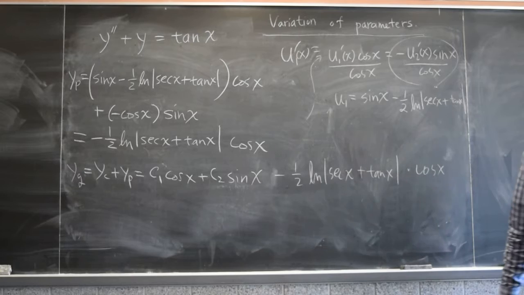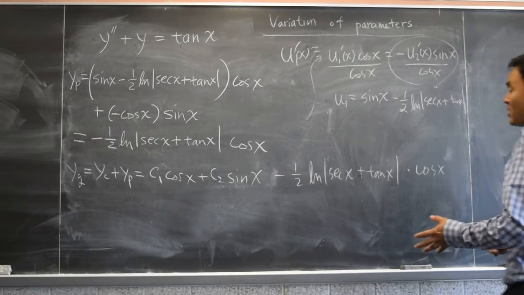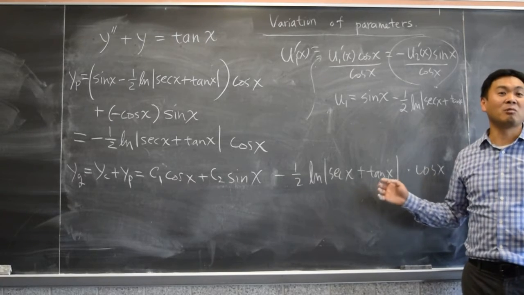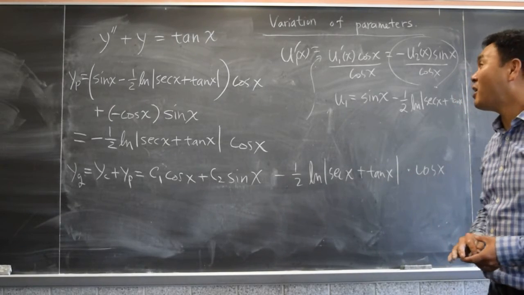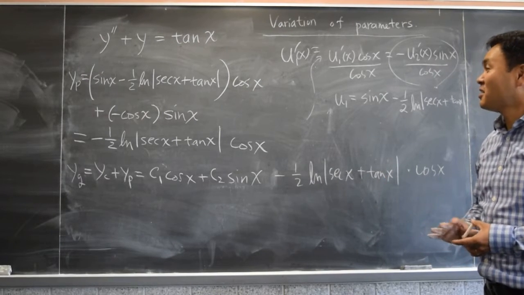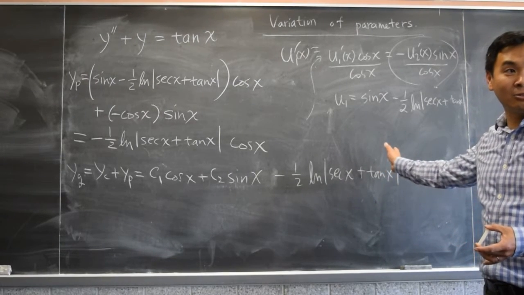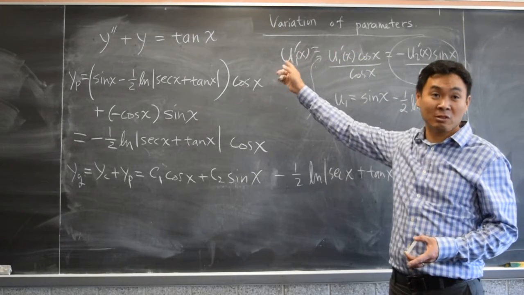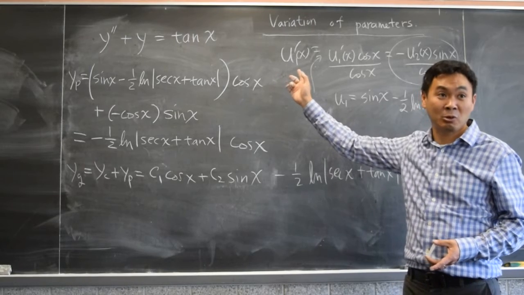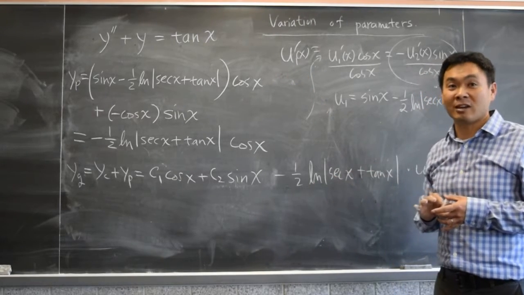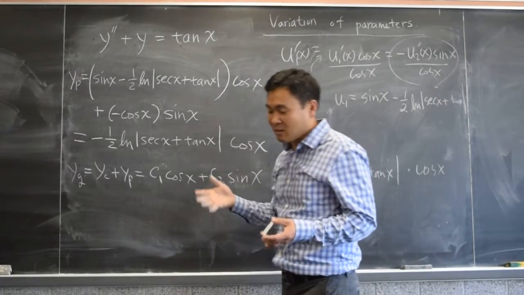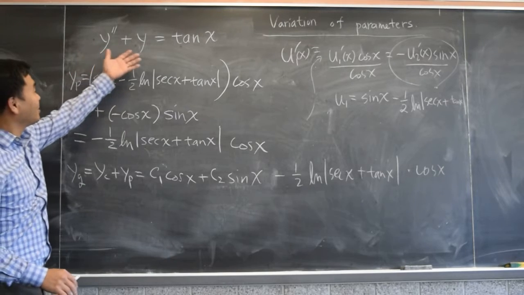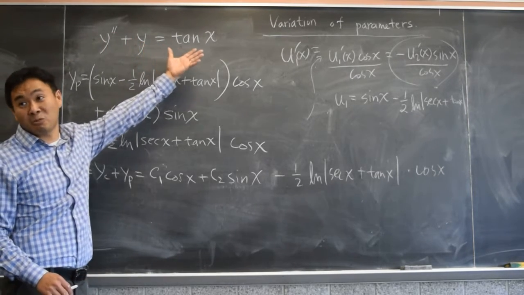So what you're seeing is that compared to the method of undetermined coefficients, this is much harder, right? But on the bright side, it was able to give us a solution to a non-homogeneous equation which was impossible to tackle by undetermined coefficients. Another way to view it is this: you have a seemingly easy question which is actually pretty hard.